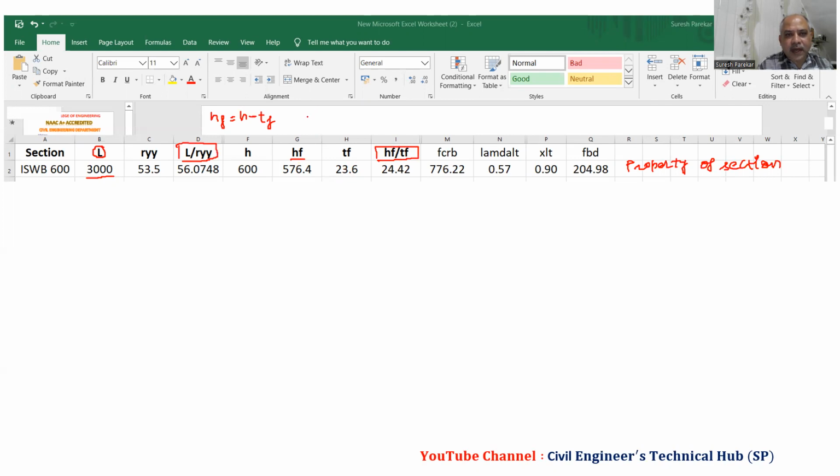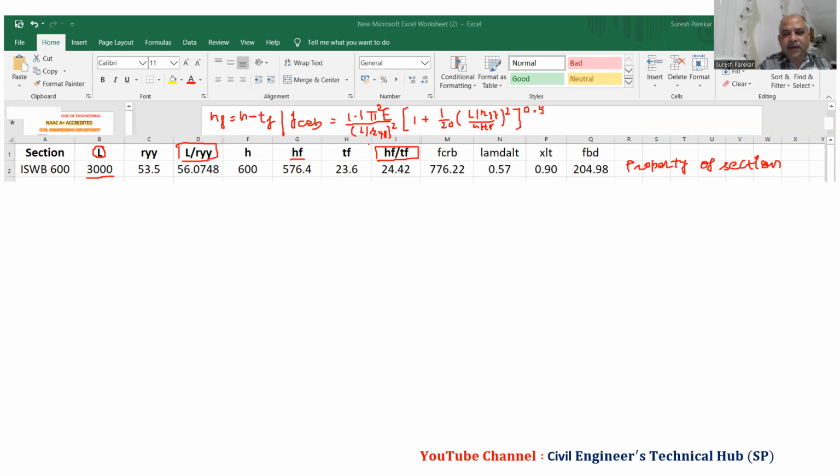Now the formula for fcrb is 1.1 pi square E upon (L by ryy) whole square, into the bracket 1 plus 1 upon 20 times (L upon ryy divided by h upon tf) whole square, to the power 0.5.